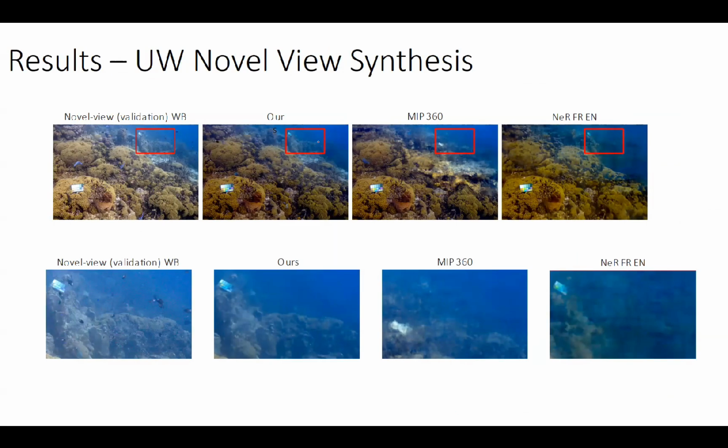We intentionally worked on scenes which are difficult in the sense that they have these far back areas which are much more highly distorted by the water. And you can see that our reconstructions in these areas are much closer to the ground truth compared to methods which were not able to obtain that.